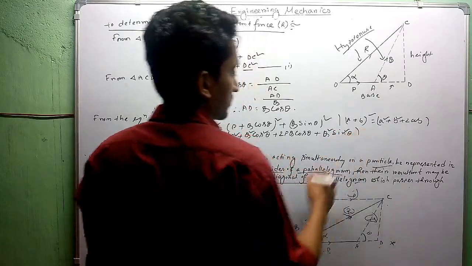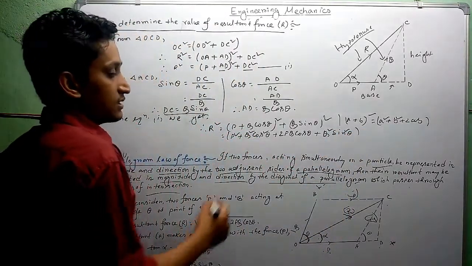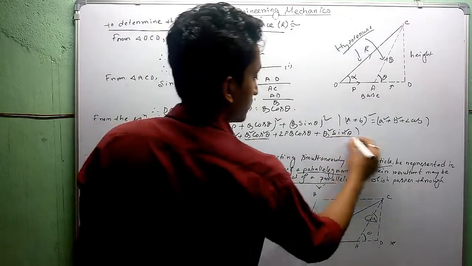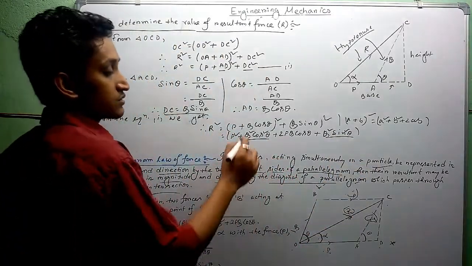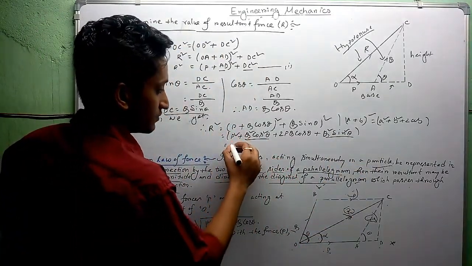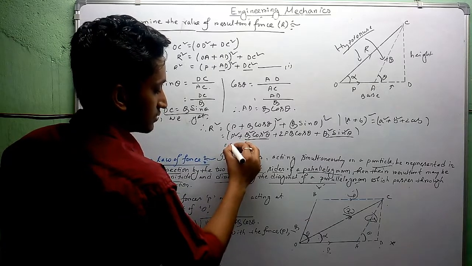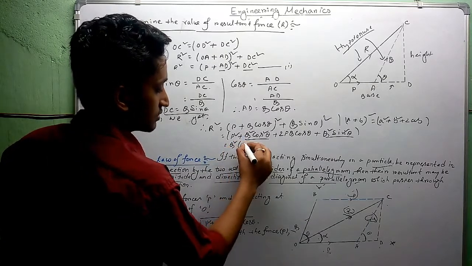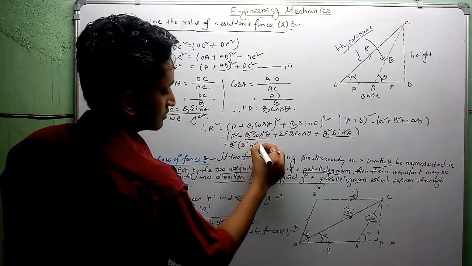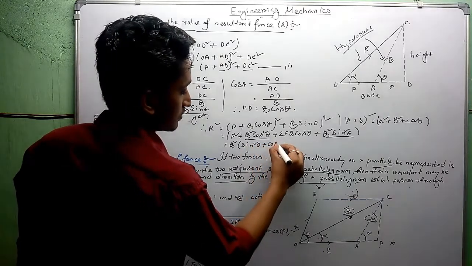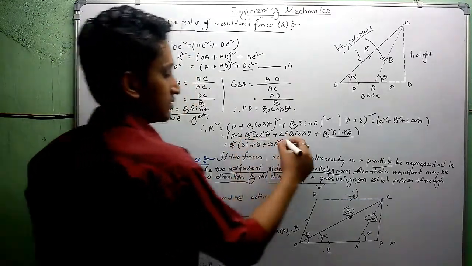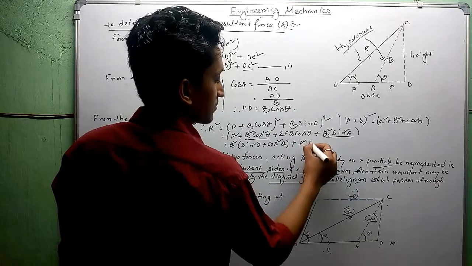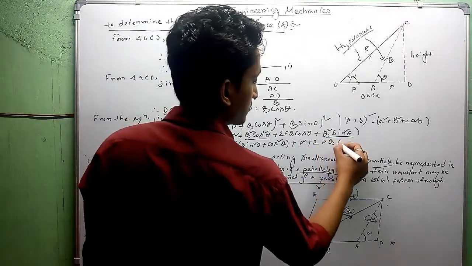Okay, and then here is the common thing in two values, Q square. Then we can write Q square (sine square theta plus cos square theta), and then we can write P square plus 2PQ cos theta.